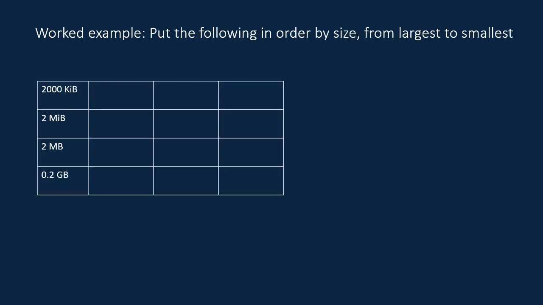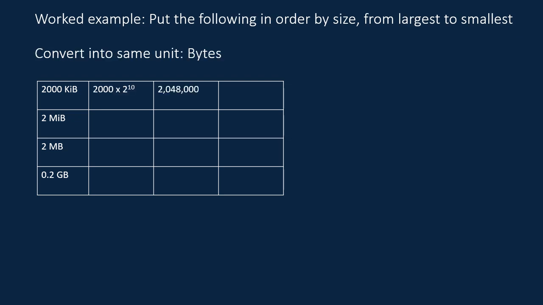And in the final worked example, we're going to put a sequence of units in the correct order. So we have 2000 kibibytes, we have 2 mebibytes, we have 2 megabytes, and we have 0.2 gigabytes.